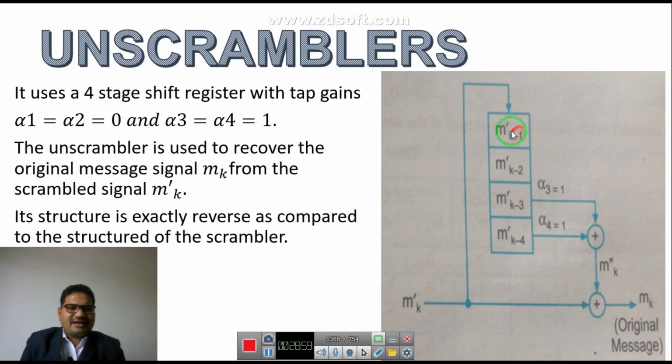Since we have taken alpha 1 and alpha 2 equal to 0 and alpha 3 and alpha 4 equal to 1, the output of these two shift registers is given to the first modulo 2 adder, whose output is denoted by M double dash of K. And M dash of K is nothing but your scrambled message.